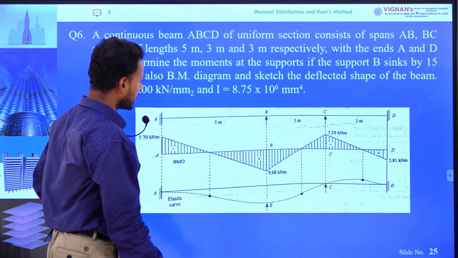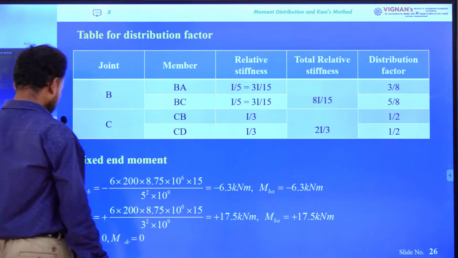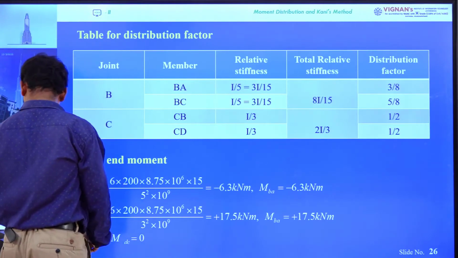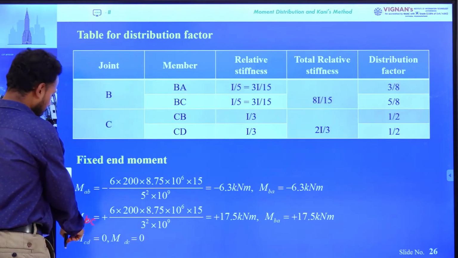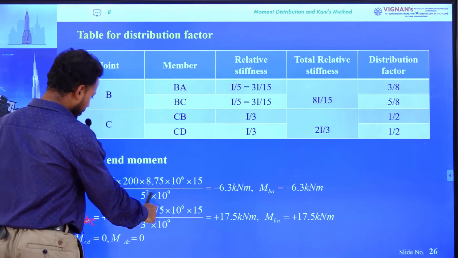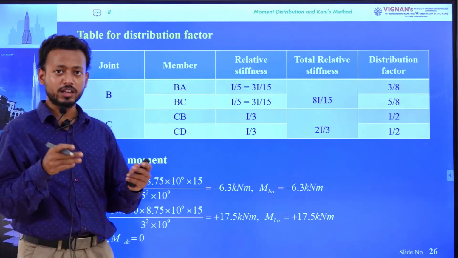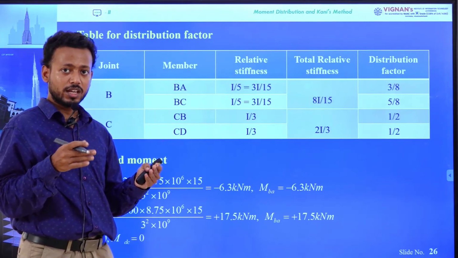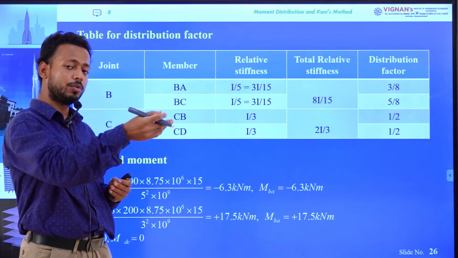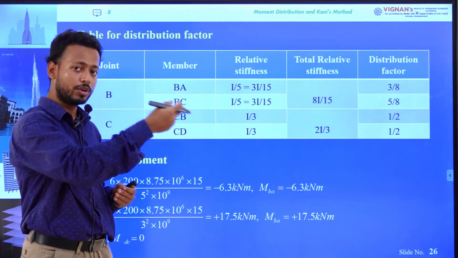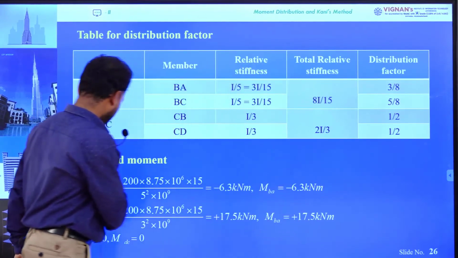Come to the next span, that is the BC span. In case of BC, the length is 3. In the BC span the formula will be just reverse, because in the BC span B support sinks and C support is at higher level, that means the right support is at higher level.